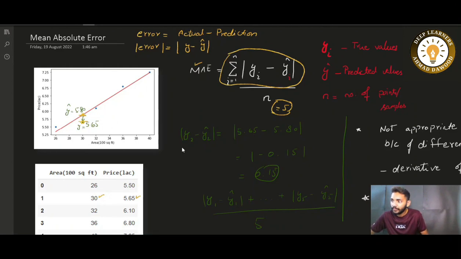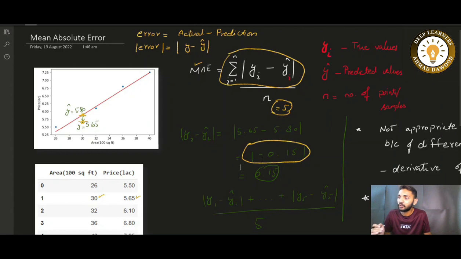Now when we take the absolute, which is just to neutralize the sign, we have an error of 0.15 for this point.